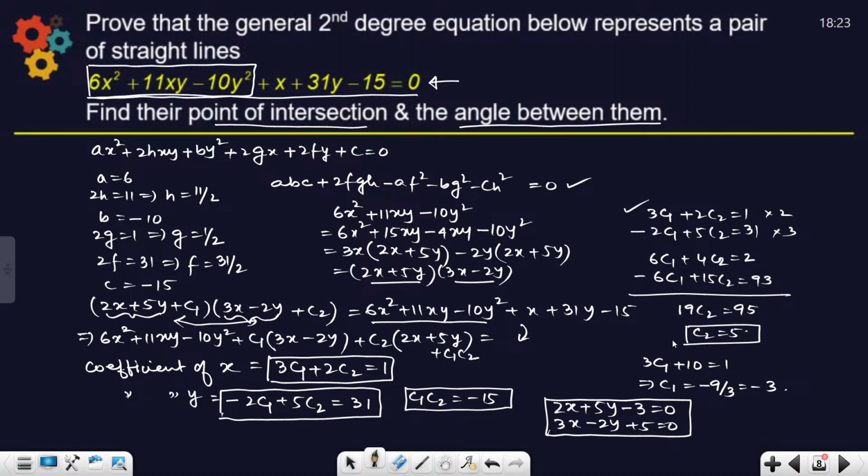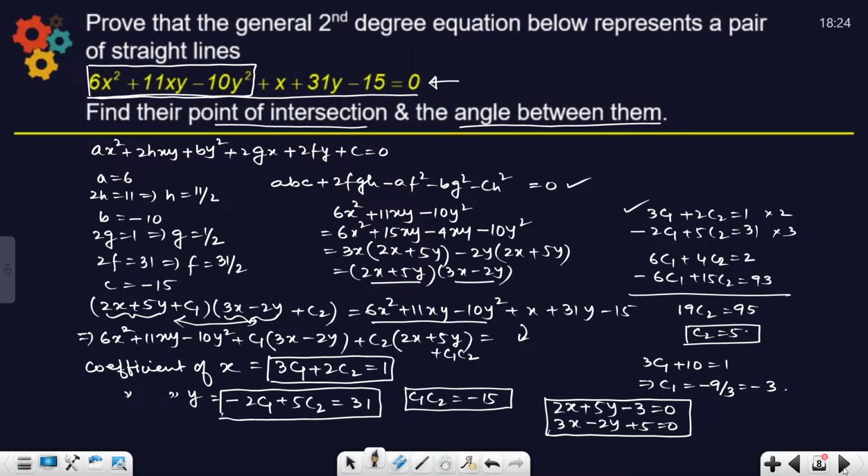The moment you get this C1 and C2, you know the equation of the lines. The moment you know the equation of lines, you can do anything with those lines. You can find out the point of intersection. You can find out the angle between them. Whatever you want, you can do that. But until and unless you get the equation of that straight line, you cannot do anything. So the major thing to remember is how to find out the equation of the straight lines from the general second degree form.